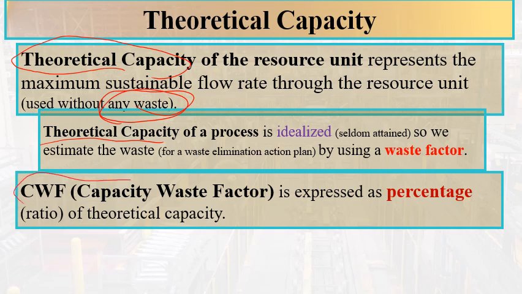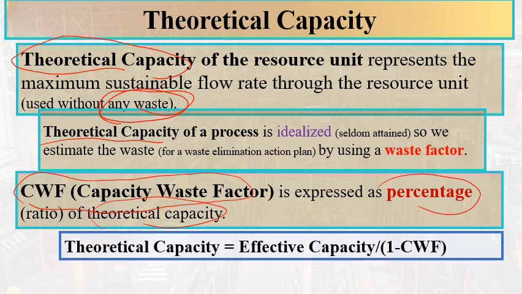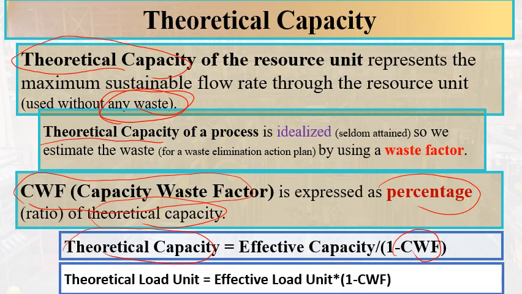And we're going to use a ratio called the CWF, which is the capacity waste factor, which is a percentage ratio of theoretical capacity. To move to theoretical capacity, we're going to use 1 minus CWF. So theoretical capacity is effective capacity over 1 minus CWF. And we could do the same thing for theoretical unit load, where it's equal to the effective unit load times 1 minus CWF.